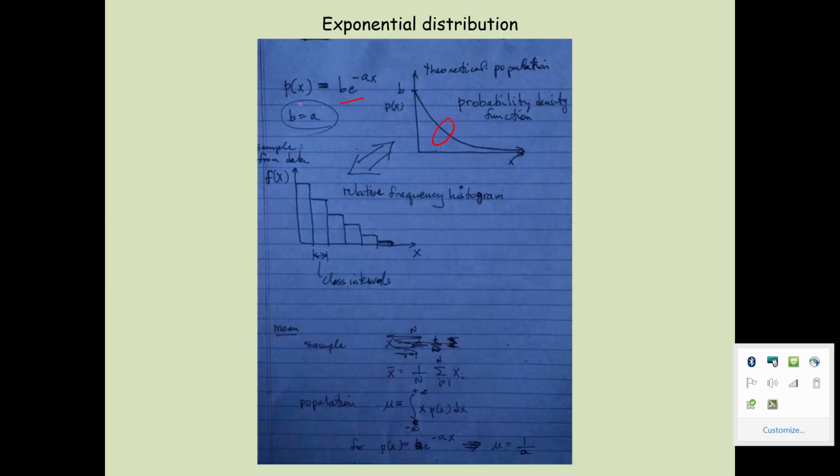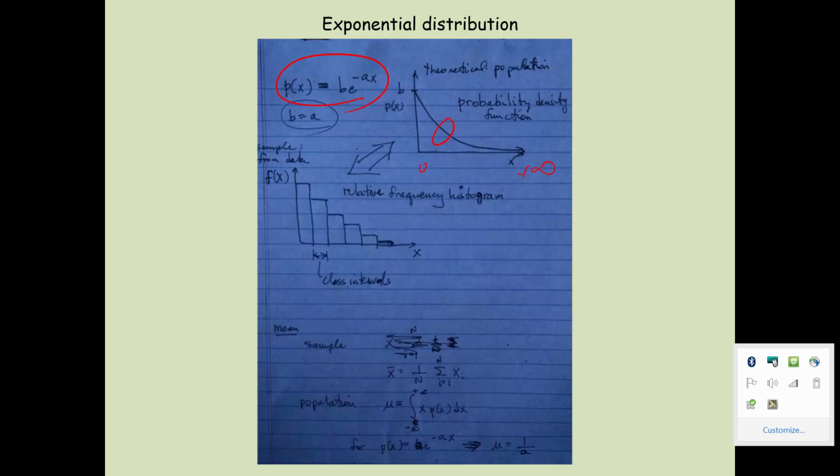The p of x function is given here equal to b e to the minus ax, and it goes from a maximum value on the left hand side at x equal to 0 to x equal to plus infinity on the right hand side.